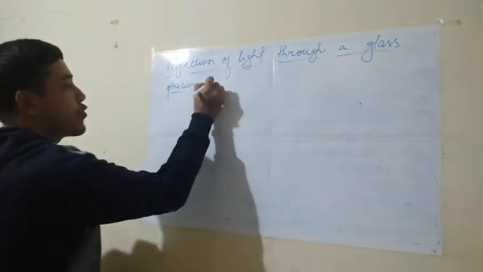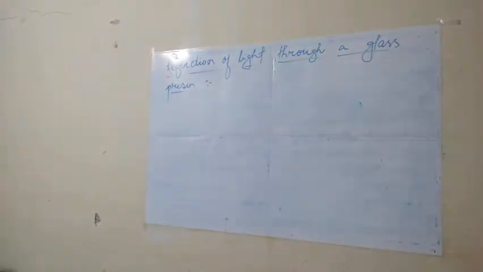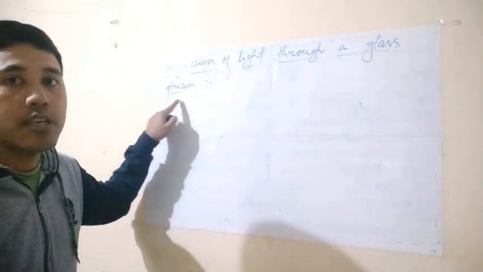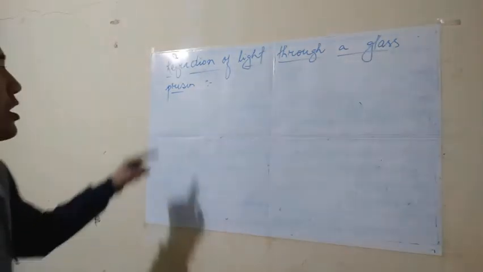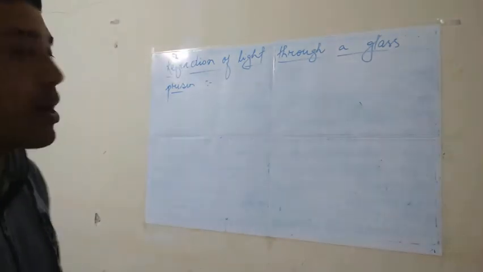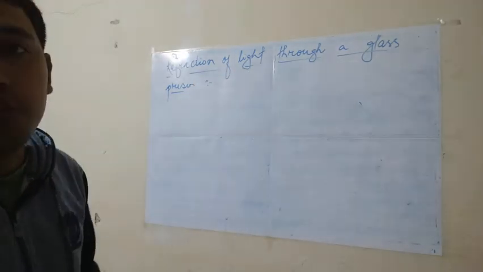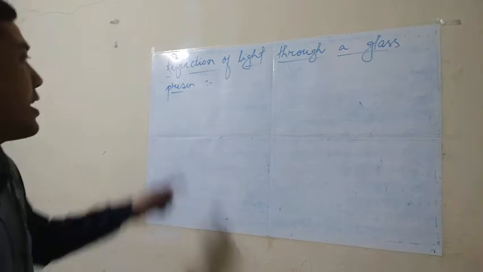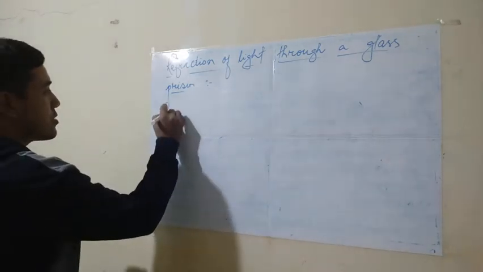Before explaining the reflection of light through glass prism, the most important thing is what this prism is. Without knowing the idea of the prism, it's very difficult to understand the reflection of light through glass prism. Then what is this prism first?